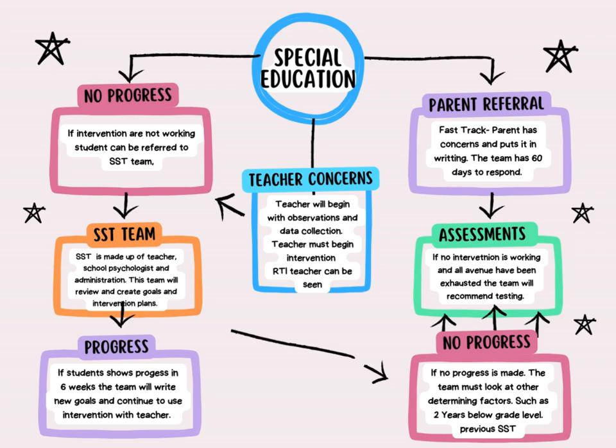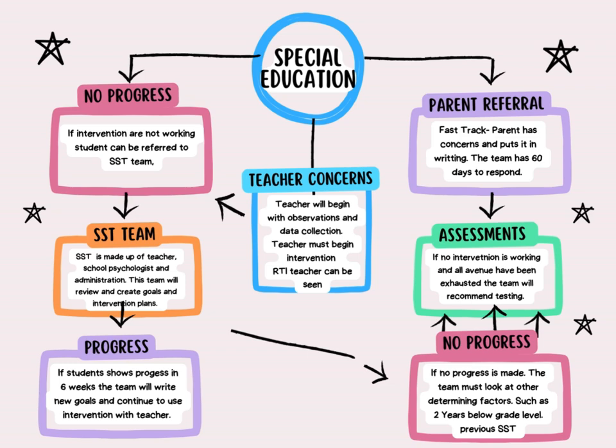The next step for that student would be, in 6 weeks, they will do a follow up where the teacher, again, is going to show data of what they have been doing, if they are working on those current goals, and the assessments that are being done.